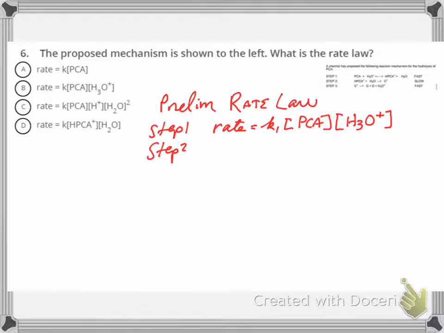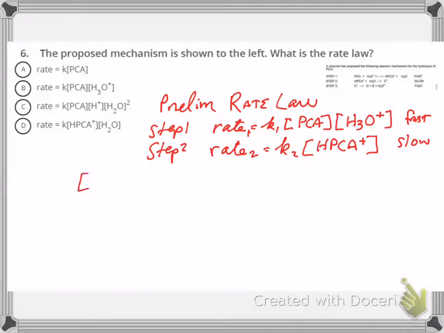This is an aqueous solution, right? These are ions interacting with other species. And in step 2, the rate 2 is K2 times HPCA+. Of course, water does not appear in the rate for step 2, because the concentration of water is considered a constant, so it's just included in the constant K2.